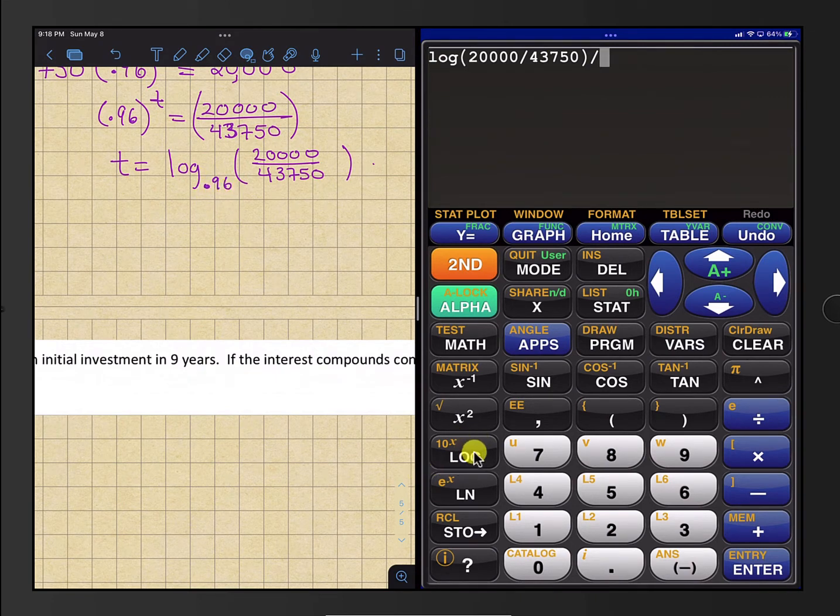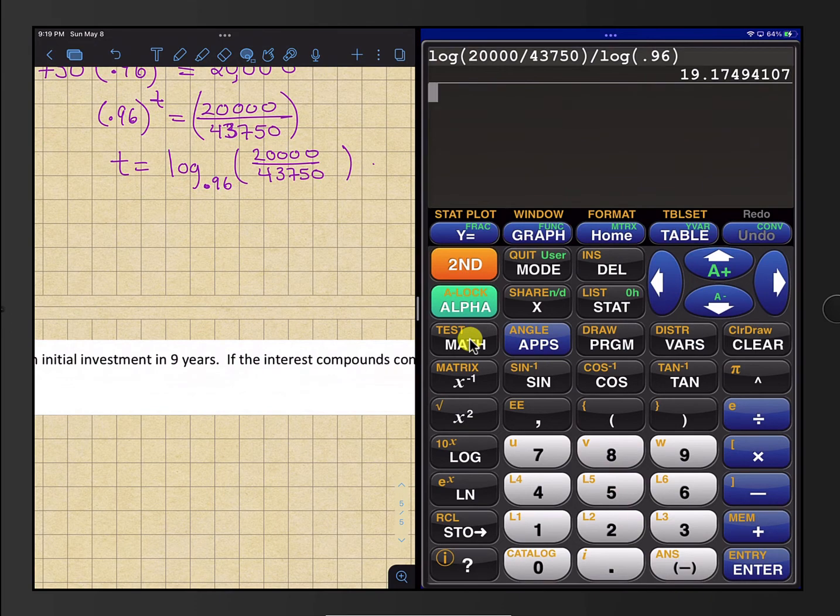So press the log button again and type in 0.96, close parentheses, and let's press enter. And we see that it's going to end up being 19.17 years.